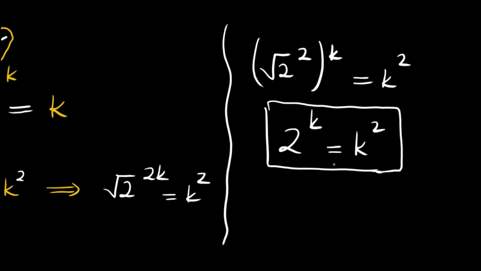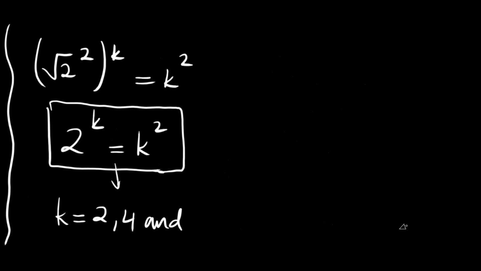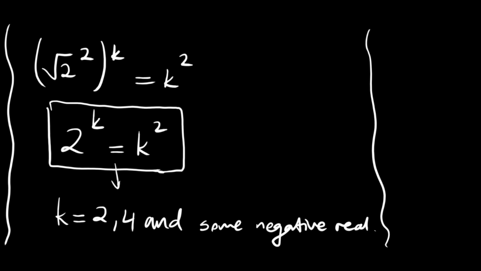This has three solutions. I guess all of you know about 2 and 4 and some negative real number, which is in between negative 1 and 0. You may have watched such videos.